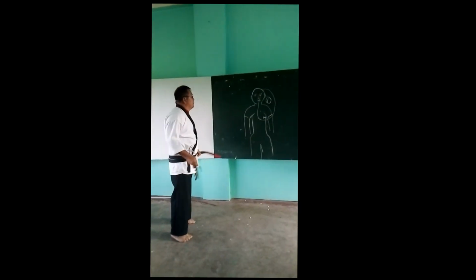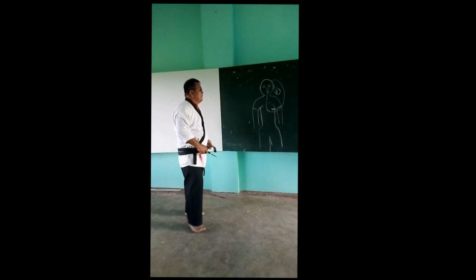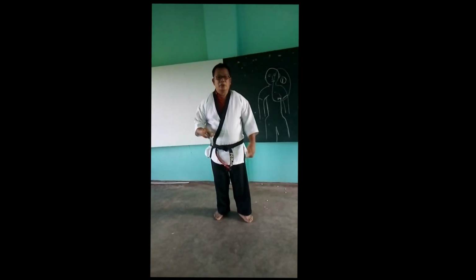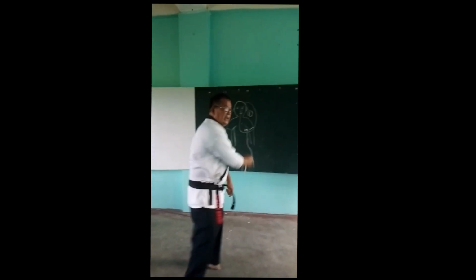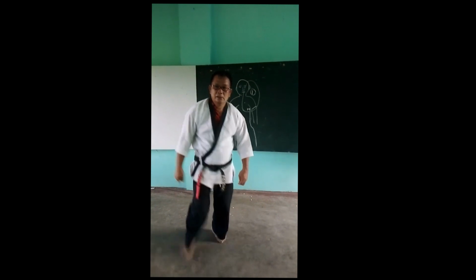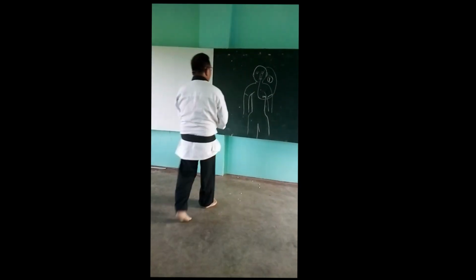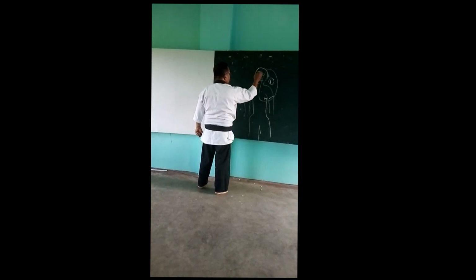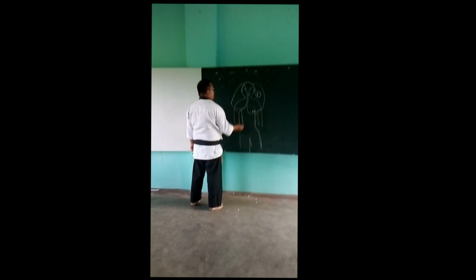Now the number two is the opposite side of number one. Because this is number one, the other side is number two. So this side and this side also, this is number two.